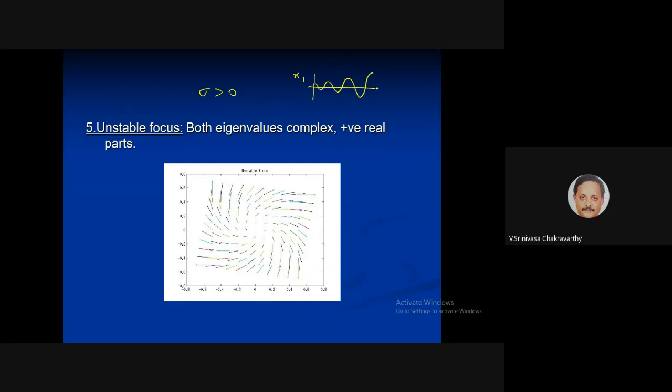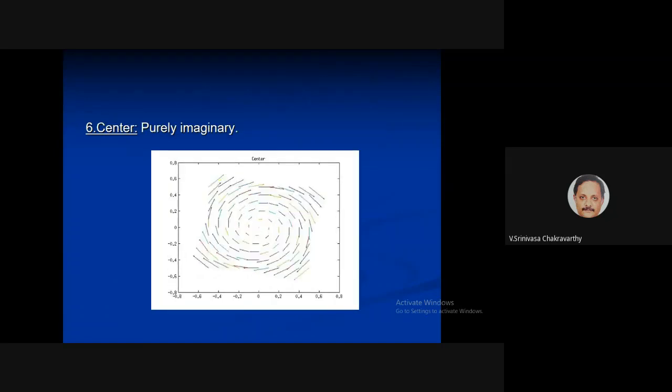It looks something like that, and the next one also will have the same form. If you plot them one against the other, and you are at the origin, you will stay there, but if you move off the origin, you will spiral outwards away from it. This is a focus again, but it's an unstable focus.